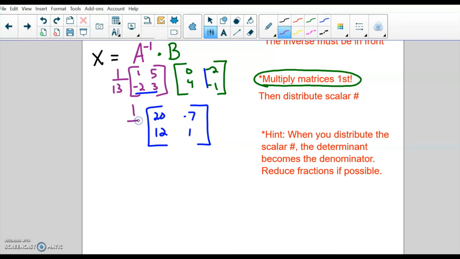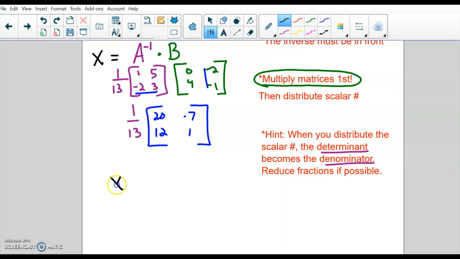The 1 over 13 gets brought down because we haven't used it first. So a hint here is when you distribute the scalar, the determinant becomes the denominator. And if we can reduce the fractions, we will. But we're not going to have to.